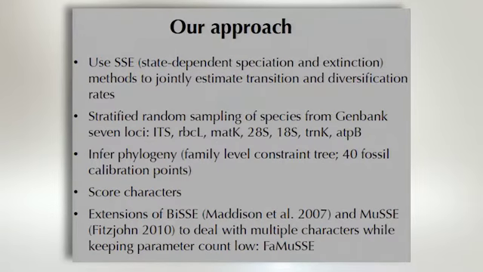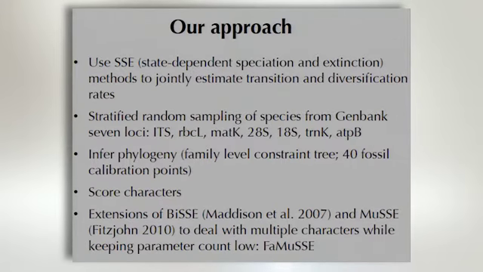And our approach was to use SSE, or state-dependent speciation and extinction methods. And I'll point out that Brian Amara and Jeremy Bellew just published a paper about not throwing the baby out with the bathwater. So we used this kind of approach. We used a stratified random sampling of the angiosperms, and random sampling is required for these SSE methods.